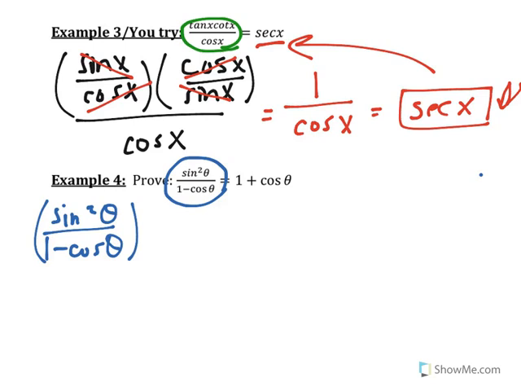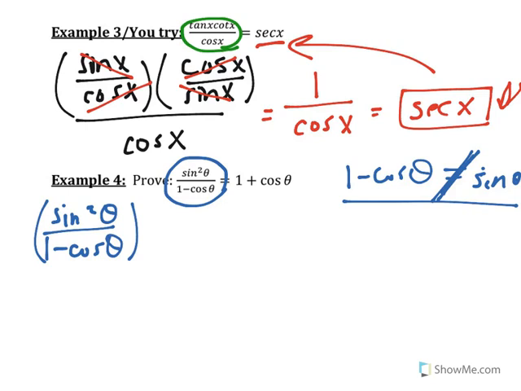Some of you are making 1 minus cosine sine. That is not true. 1 minus cosine squared is sine squared, but 1 minus cosine is not equal to sine. This is not a thing, and it's very, very important that it is not equal.